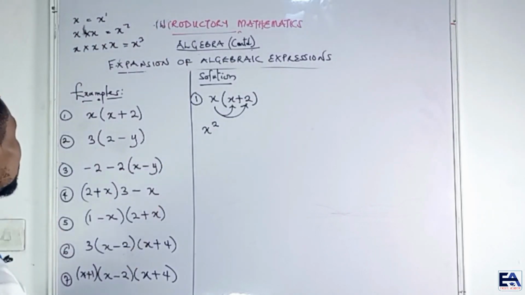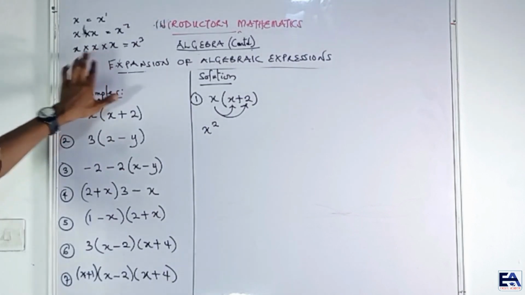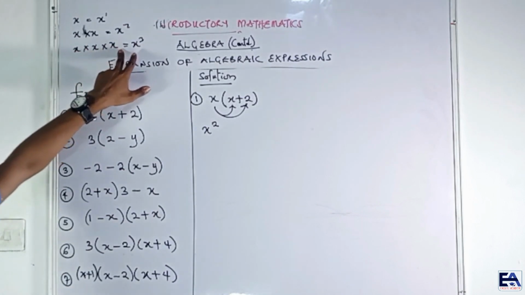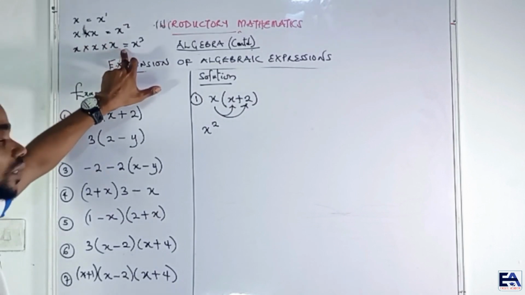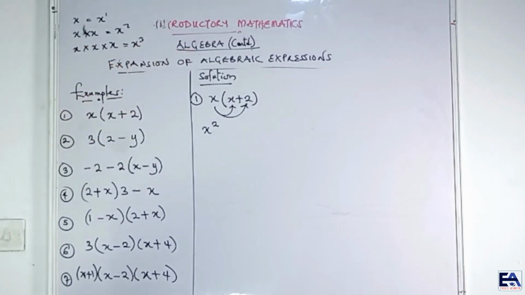So the number of times x multiplies, I'm not talking about adding. If it was x plus x plus x, that would be 3x. But if it is x times x times x, that would be x raised to power 3. You understand? x raised to the power 3.